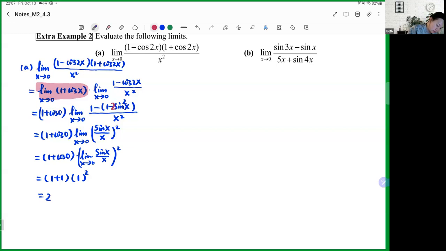I didn't write the coefficient 2. So it's 2. So 2. So the answer is 4. Please change it. In the double angle formula, there is a coefficient 2 in front of the sine square.